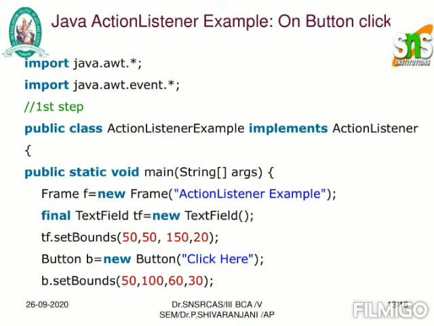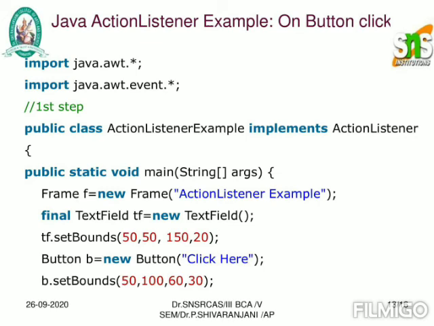For that I have used the java.awt package, and the first thing is I have to use ActionListener. Here I have created the window called ActionListenerExample, and I have created an object for the window as F, and a text field called TF.